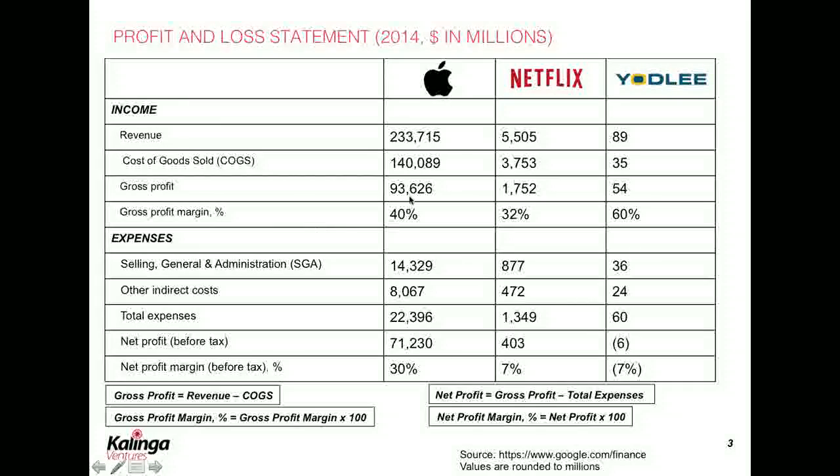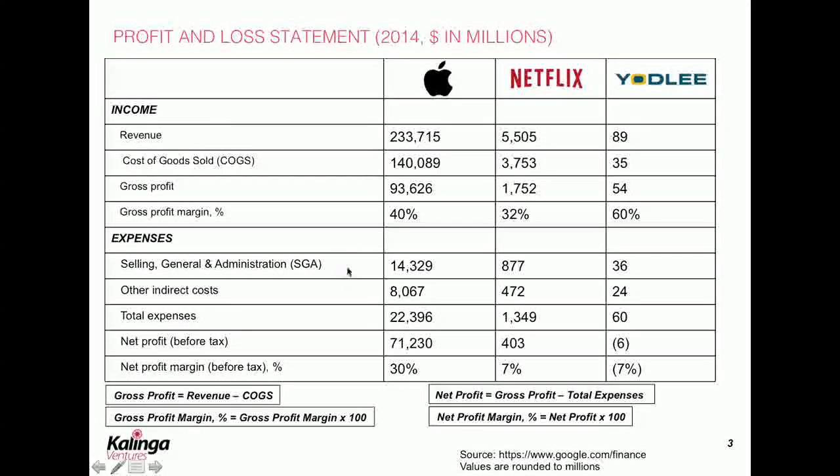So the gross profit margin, which is gross profit divided by revenue multiplied by 100, is 40% for Apple, Netflix it is 32%, Yodlee it is 60%. So Yodlee has a much higher gross profit margin than Apple and Netflix, despite the fact that it has less revenue.